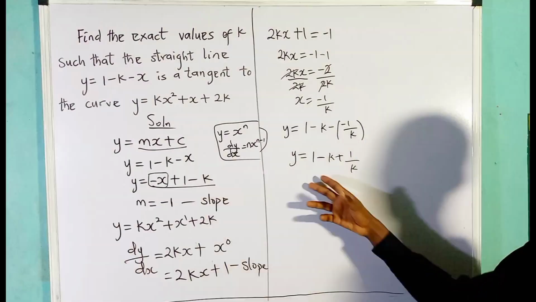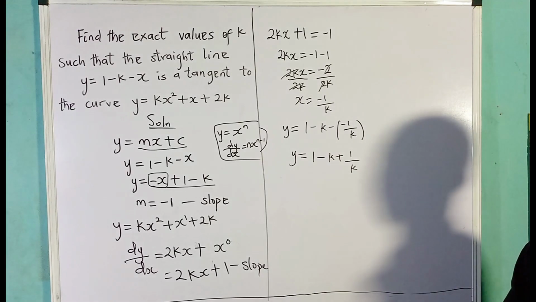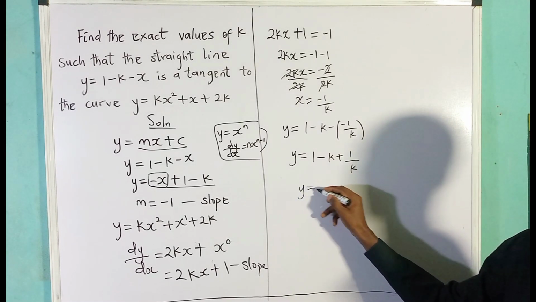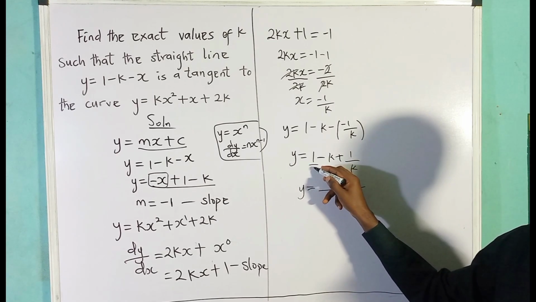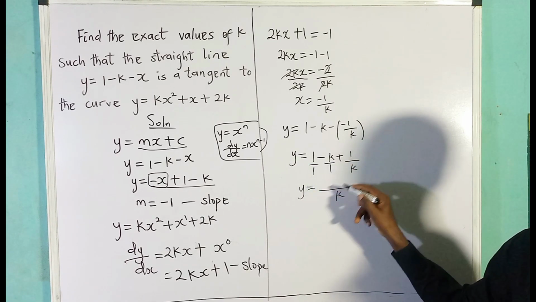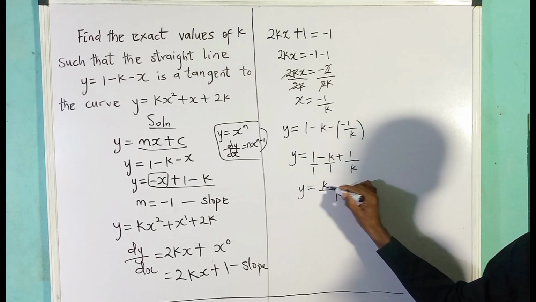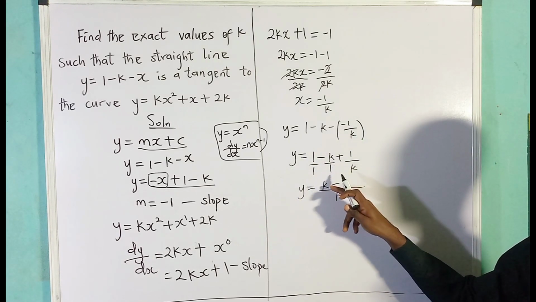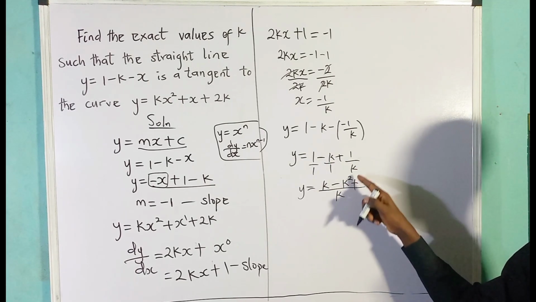And now we can say let k be the LCM. So y is equal to, k being the LCM, the denominator here is 1, the denominator here is 1. k divided by 1 is k times 1, that's k, minus k divided by 1 is k times k is k squared, plus 1 divided by 1.